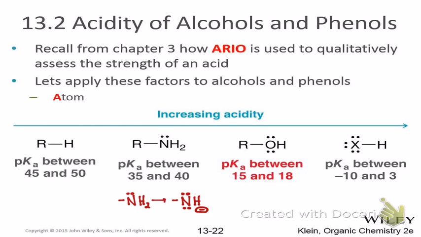Okay. And going on down the line, alcohols are in this sort of middle region, 14, 15, 16, 17, 18. Water's 15.7, that's a good one to remember, especially because we use it a lot when we do reactions of alcohols. And then we know that the halogens produce HCl, HBr, HI.